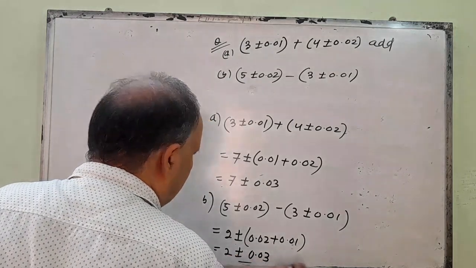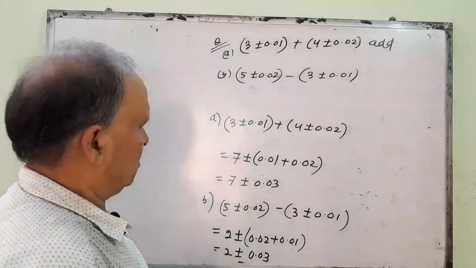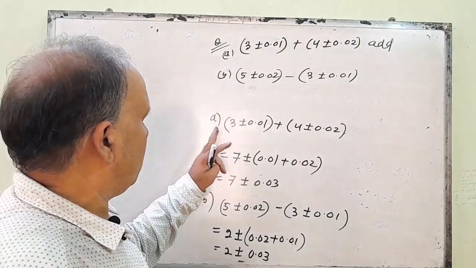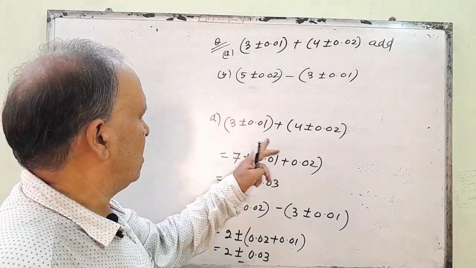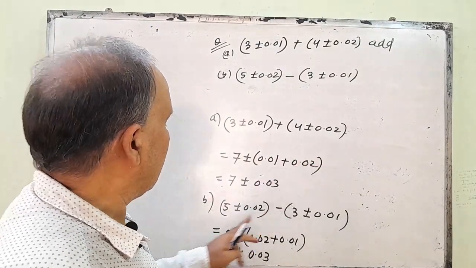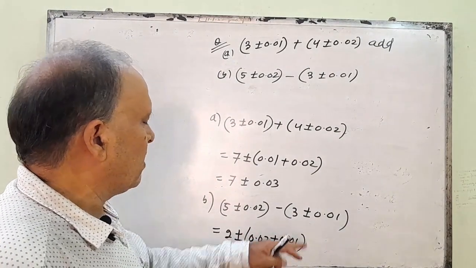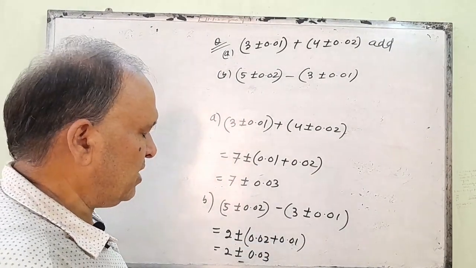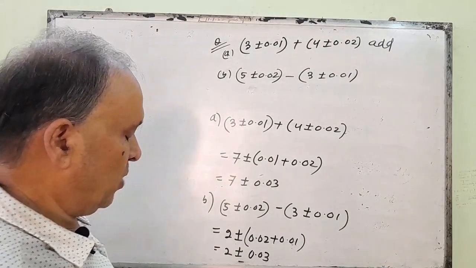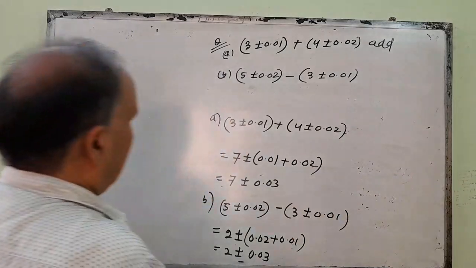Remember one thing: in case of addition, all the mean values are added, but the error terms must be added, and in case of subtraction, all the mean values are subtracted, but the error terms must be added in order to get maximum error either in positive or negative direction.